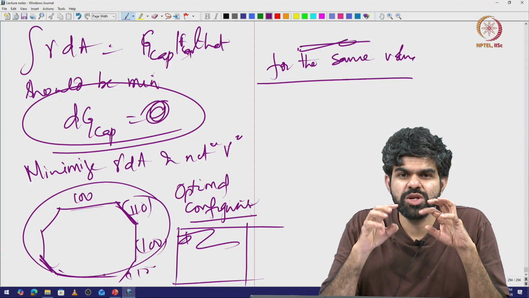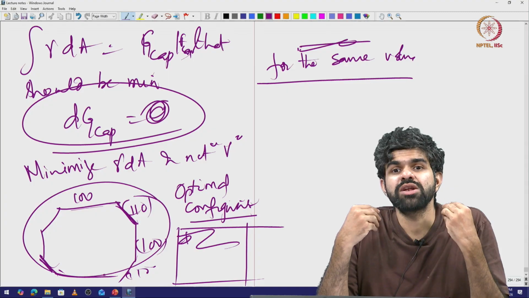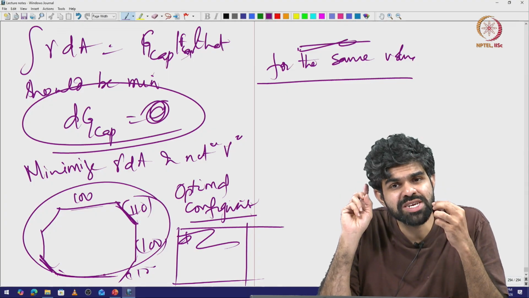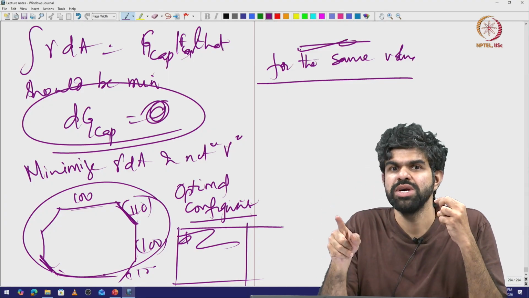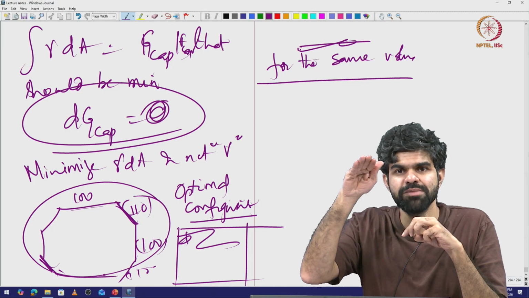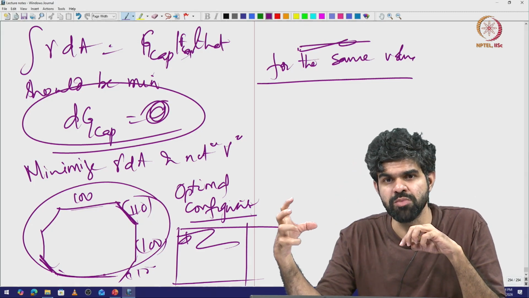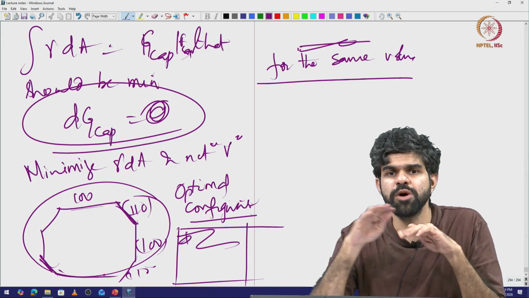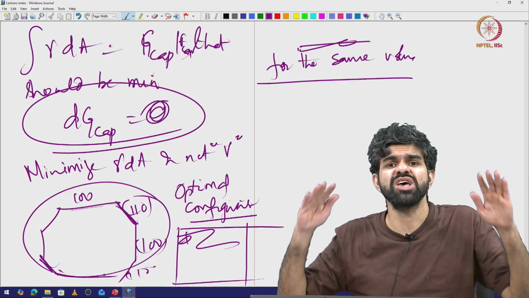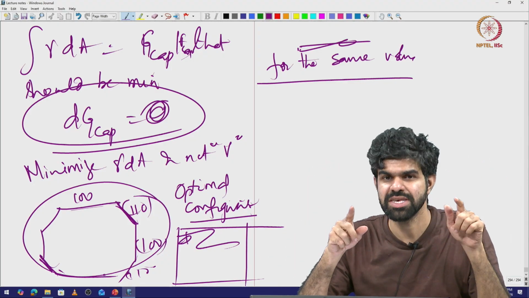So there is always a compromise, and that compromise comes because the overall function I am going to minimize is dG equal to 0. I do not want to populate my facets of the crystal, for a given volume of the crystal, with only lowest surface energies, right.